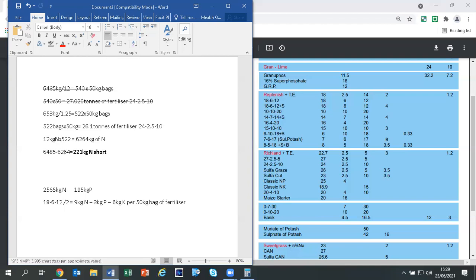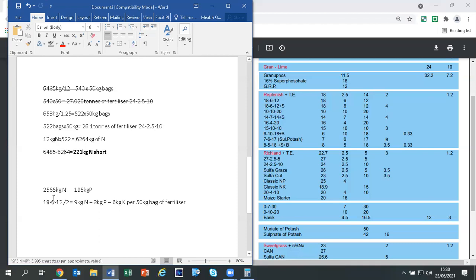The next thing we need to remember is, with that ratio, if we spread a lot of 18, 6, 12, are we more likely to go over our nitrogen requirement or our phosphorus requirement first? So think about the ratio of nitrogen to phosphorus.